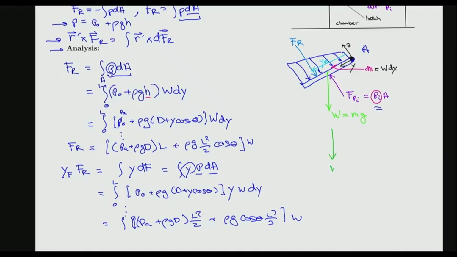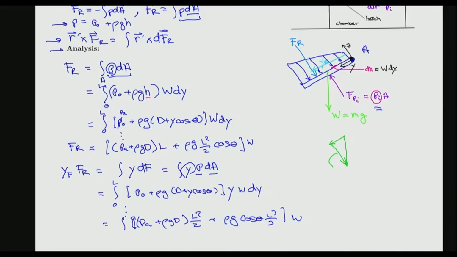So here's our W. This is the component that goes through point A, and this is the component that causes a moment.